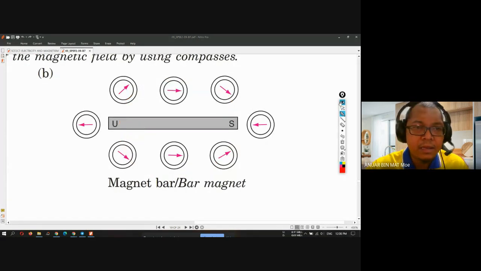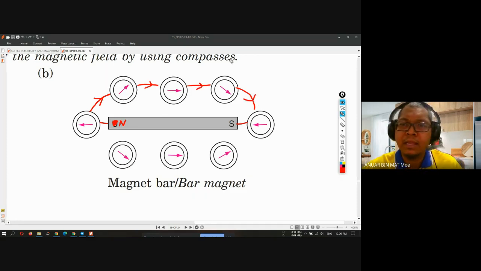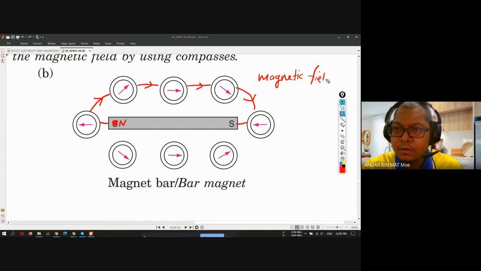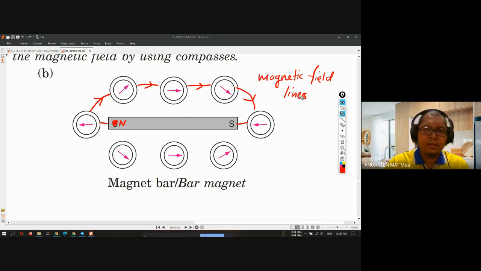Again, it is always starting from the north, from the north over here, and then going into the south. This is the magnetic field line of the magnet.